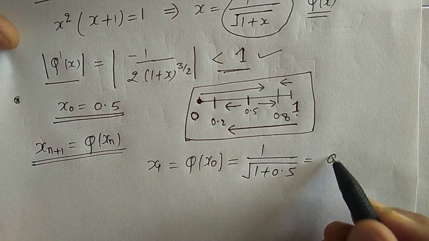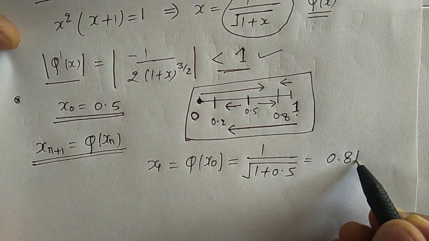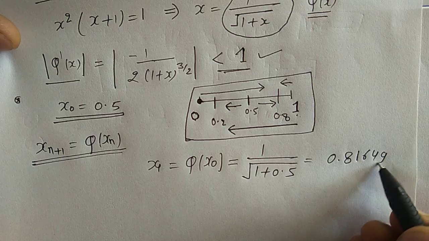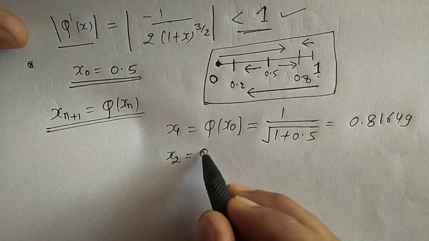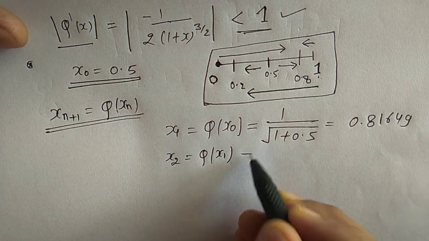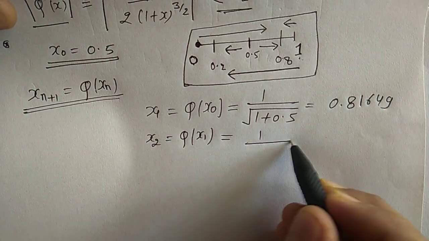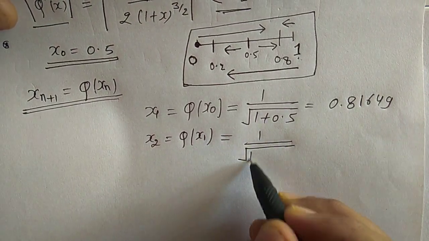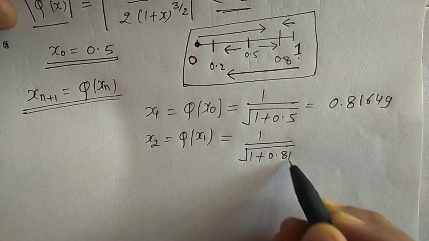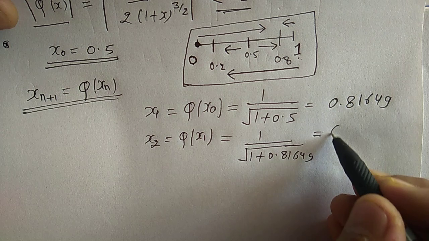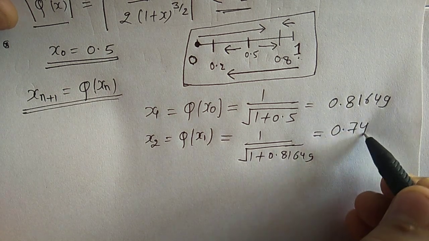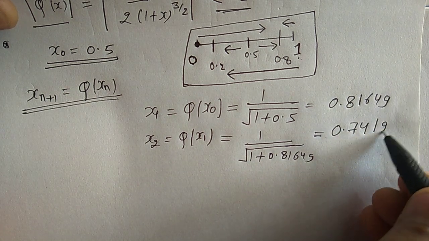So we have 0.81649. And x2 equal to phi of x1 equal to 1 upon under root 1 plus 0.81649. You can calculate and get the answer 0.74196.